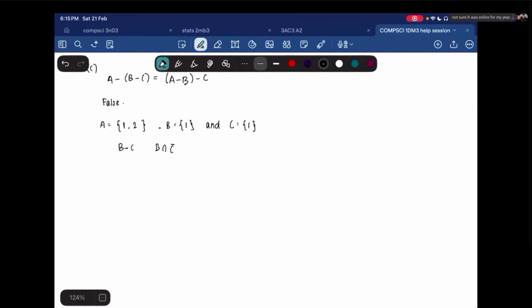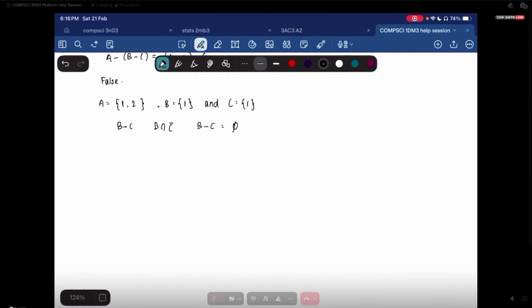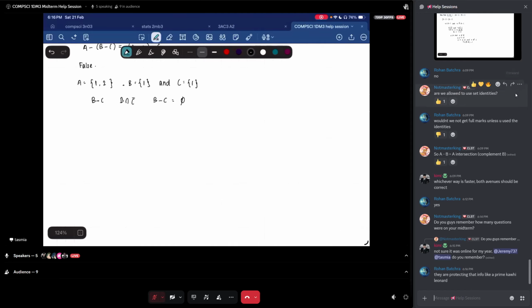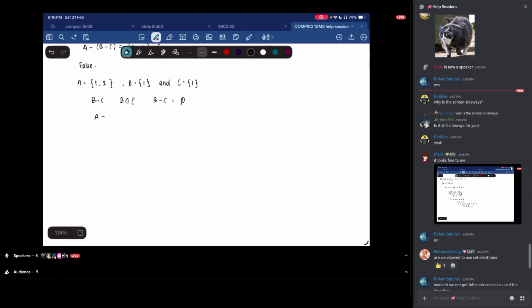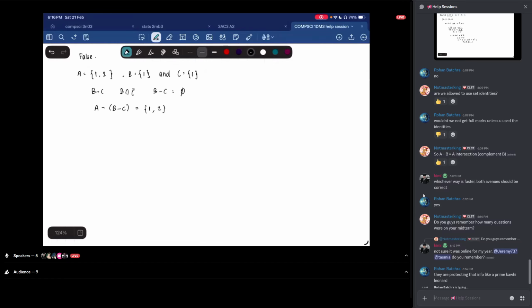Okay. So this is obviously going to be the empty set. And then A minus (B minus C) is just equal to {1, 2}, because we're just taking away the empty set.